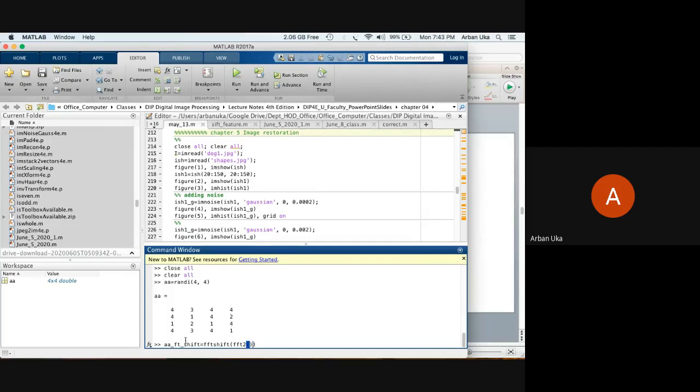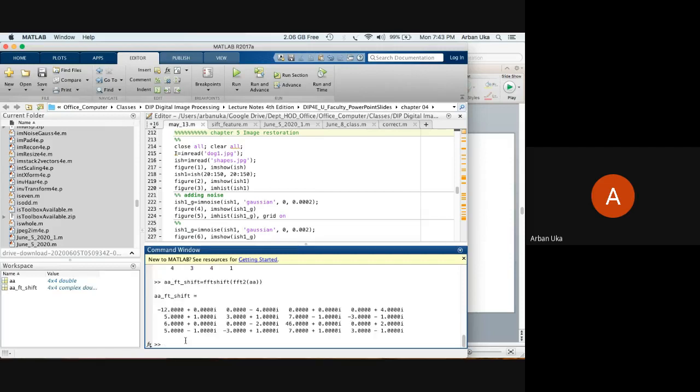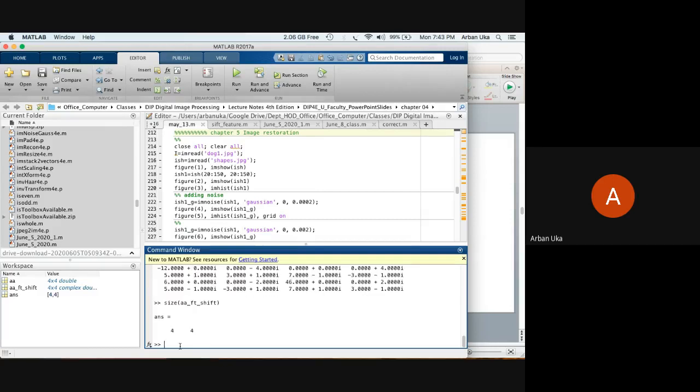So we need to do the two-dimensional Fourier transform of the AA. And this is this variable. The size of the AA Fourier transform and then shifted is 4x4, the same size that the original data set was. Sorry, this was A. So they're both 4, 4.